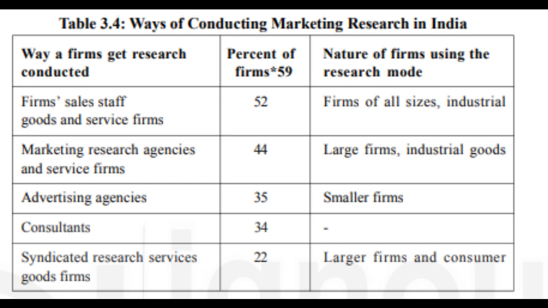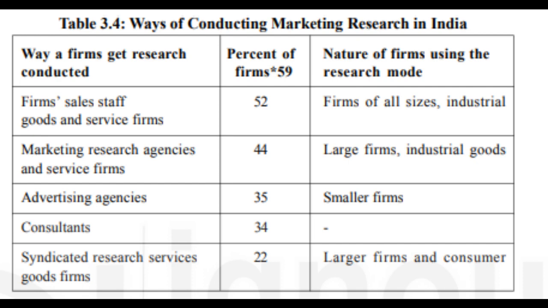Important differences can be seen among firms selling different types of products. While industrial goods and service firms more often use their own sales and in-house marketing research staff, consumer goods firms depict a marked preference for marketing research agencies and syndicated research services to meet their research requirements.